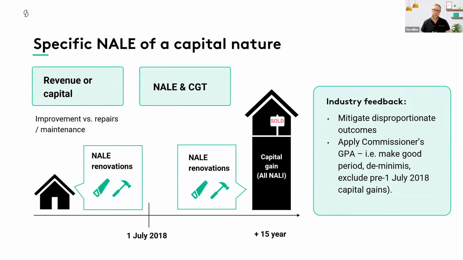We're wanting to see that, one, we're not including gains before the legislation came in, right? Now, that might be a bit of a long way to get from the ATO, but also having the ability to make good, right?